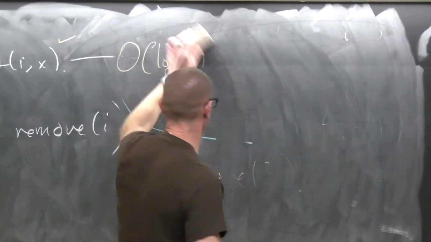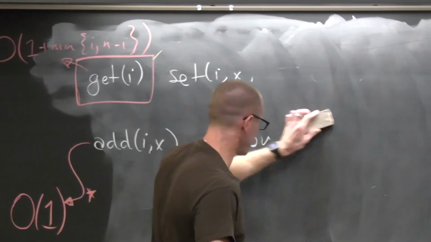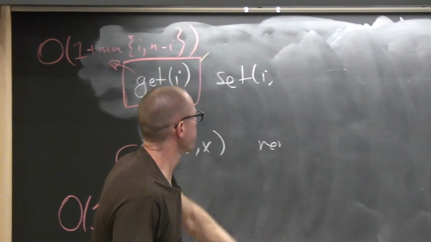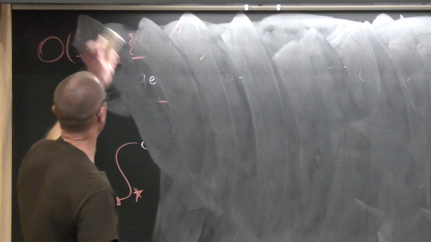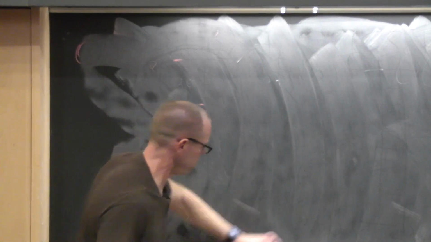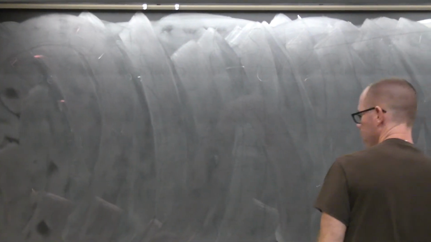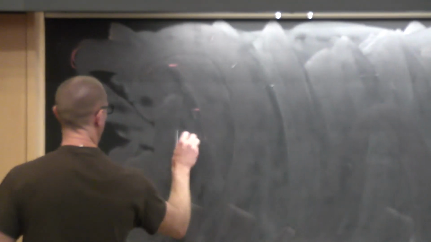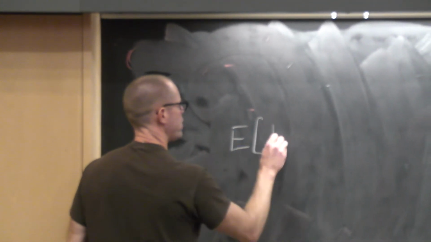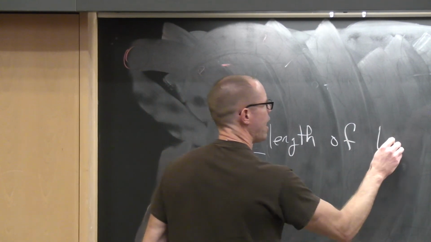Here's a warm-up exercise for what we're going to do next class. We're going to prove that theorem about the expected length of the search path. But first thing I would like to ask you to think about is what's the expected length of the list Li?